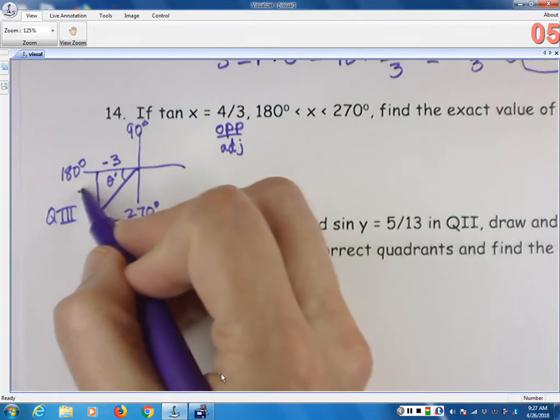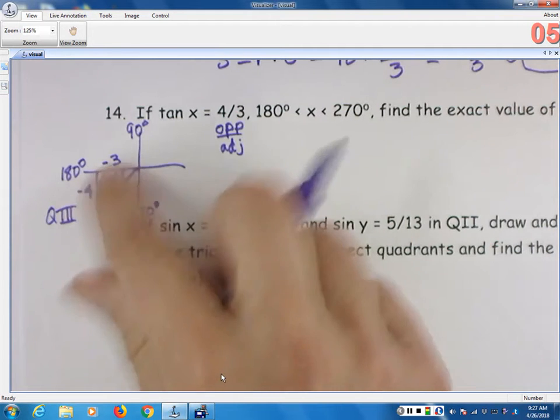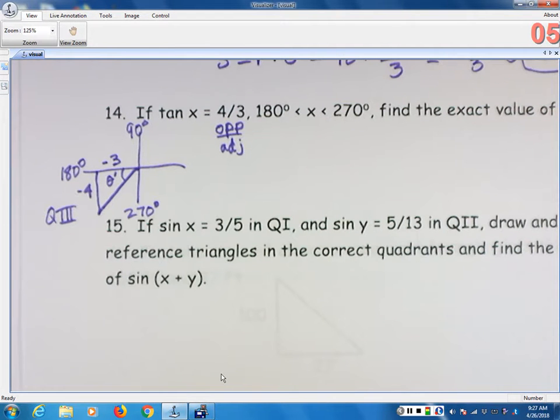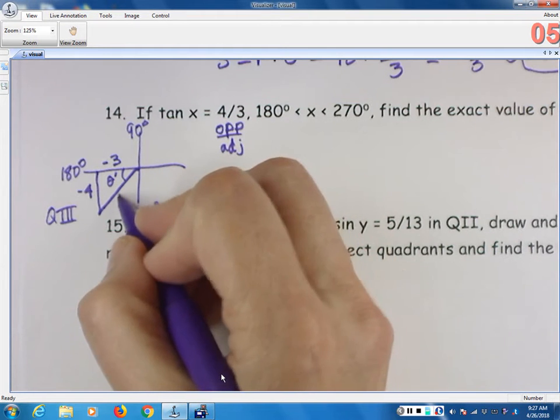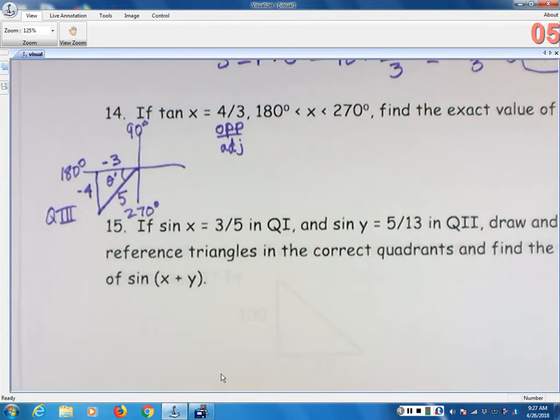This is -4. You need the negative sign. Okay? And this is a 3, 4, 5 triangle, so if you have that memorized, you don't have to show the work for finding that this is 5. If you remember the 3, 4, 5 triangle. Or else you use the Pythagorean theorem. -3 squared plus -4 squared is 9 plus 16 is 25, take the square root.